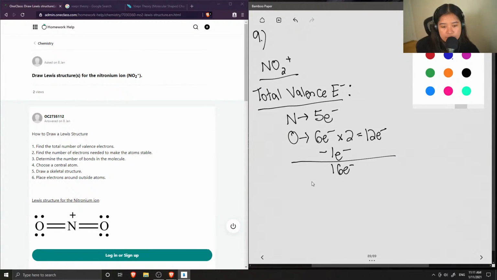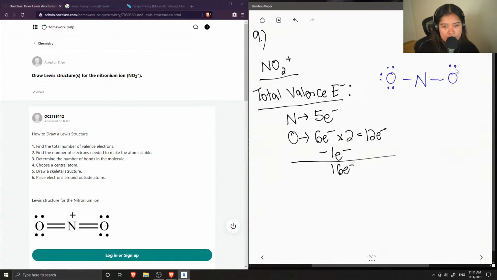So now let's draw nitrogen as our central atom. And first I'll just draw single bonded oxygens, just to see how many I've drawn so far.